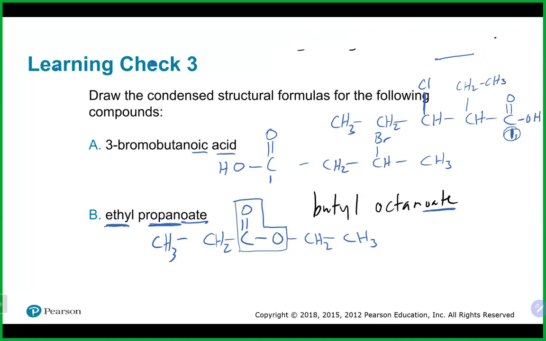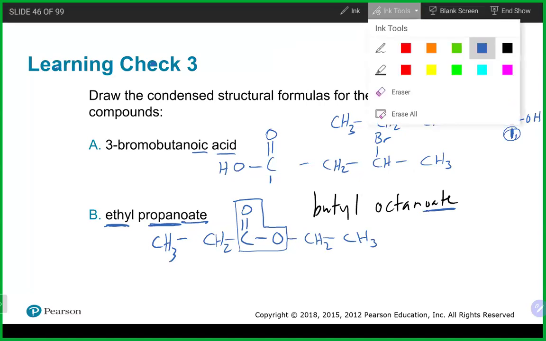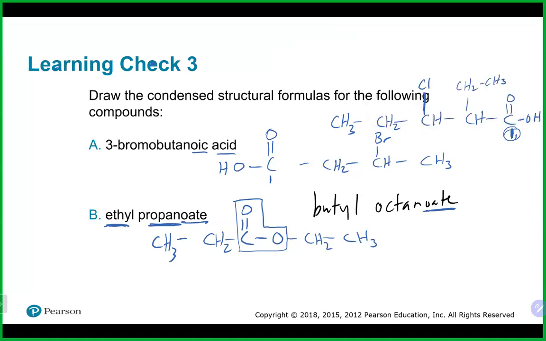Starting to erase up here. All right, so we're going to start, once again, because it is an ester, and like I said before, you have that important functional group in the middle where the oxygen comes in. It is a good idea to start with that. Going towards the single bonded oxygen, away from the double bonded oxygen, that's going to be our alcohol part, the butyl group, and that means 4 carbons.